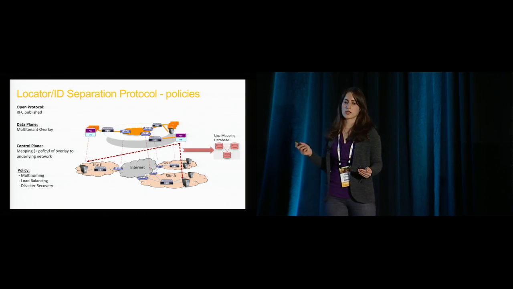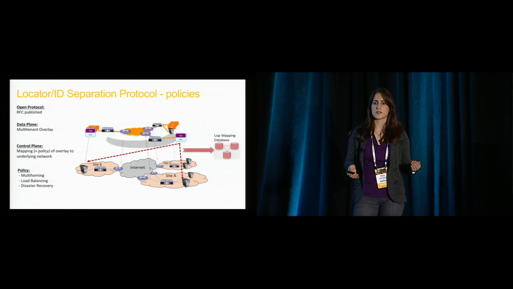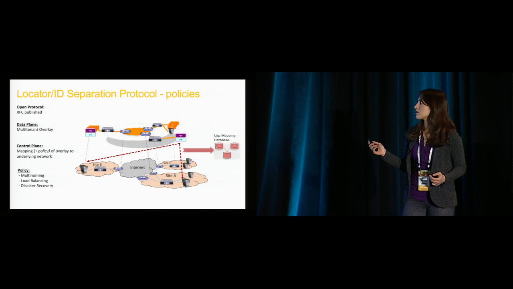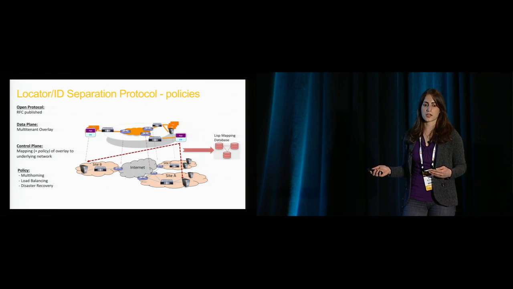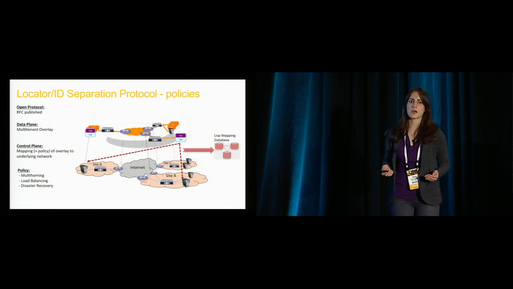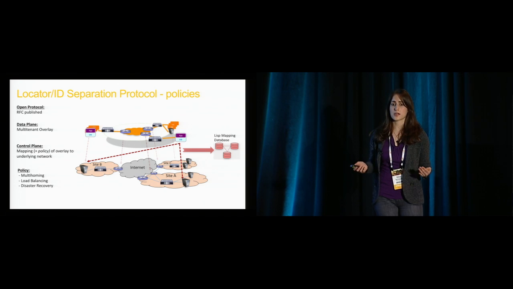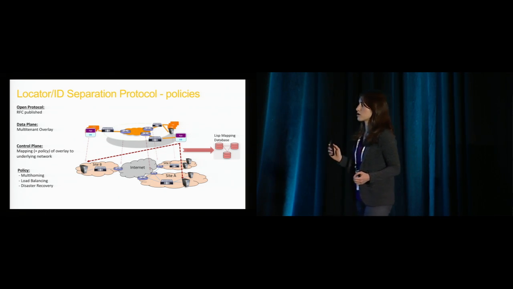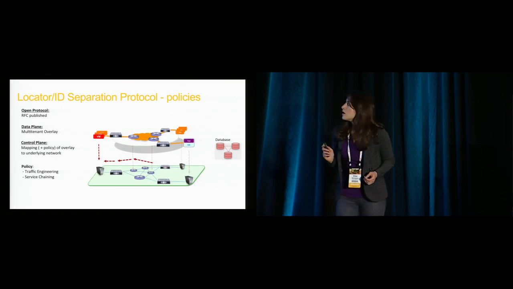Then you can have priorities and weights to enforce how you want that host to be reached. You can give priority to one location over the other, or you can split the traffic or the load over the two locations, using them both.